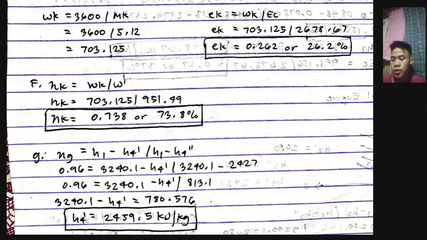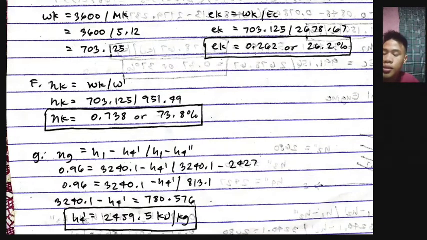Okay, next for WK equals 3600 over MK. So next for that is 3600 over 5.12. By calculating it, equals 703.125. So next is EK equals WK over EC.